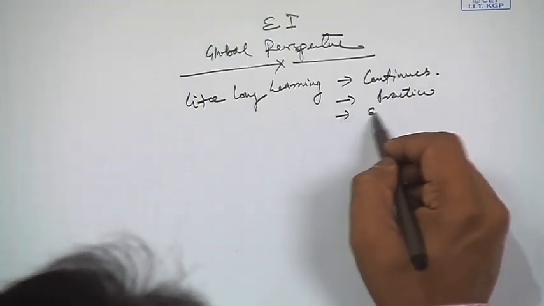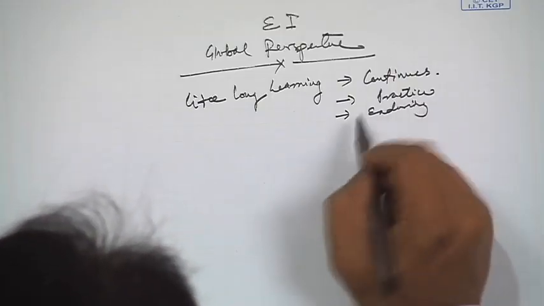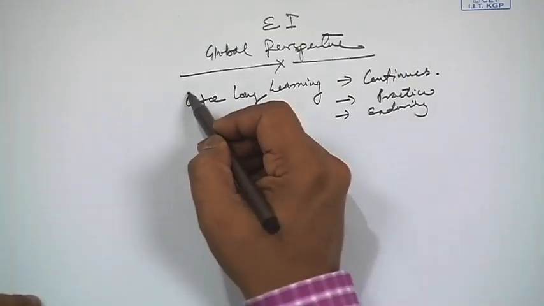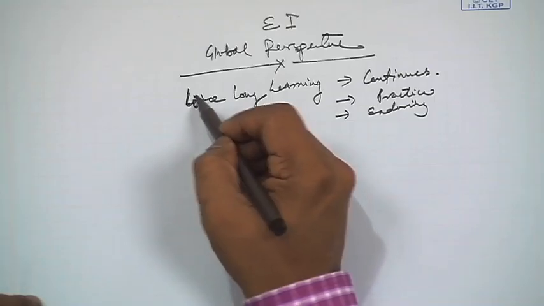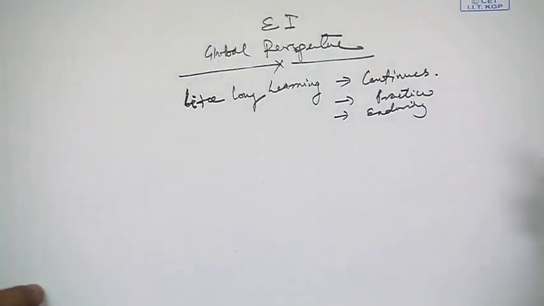It is enduring in nature. So, EI needs to be practiced throughout a lifetime. It is not that today you are showing empathy and tomorrow you are showing adamance. No, that should not be. That means the learning has not taken place correctly within yourself.